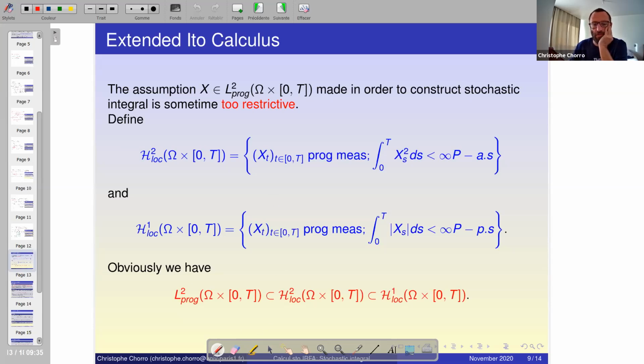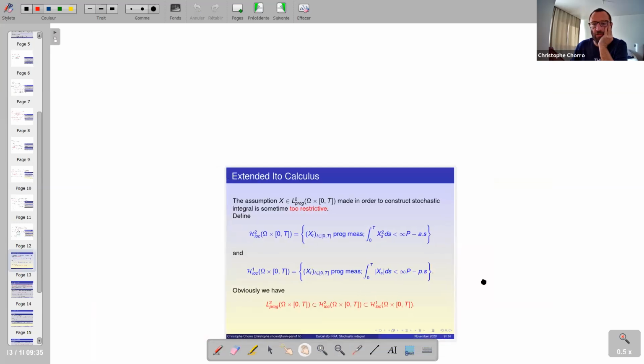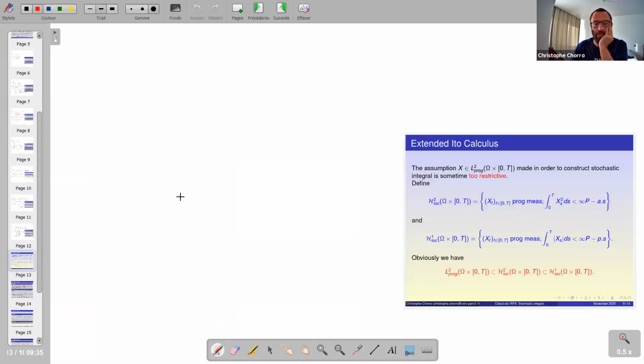I remind you that x belongs to L2 prog of omega times 0 capital T means that the expectation of the integral of the square is finite.